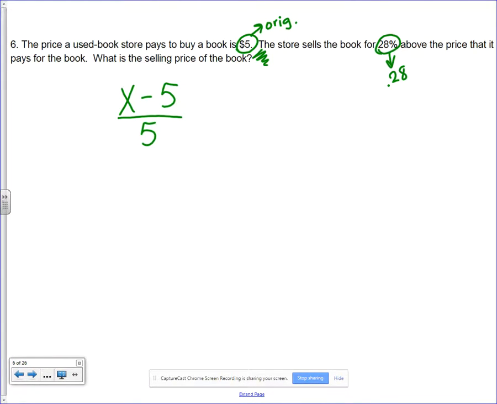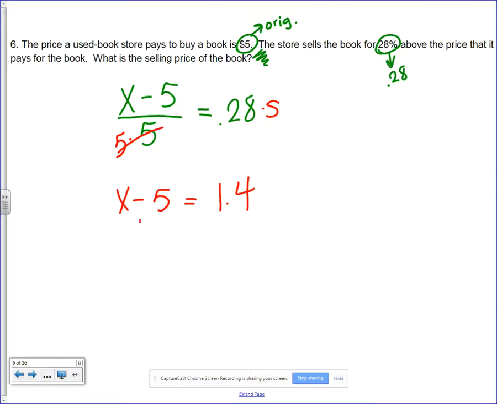Well, they gave us the percentage, so we can set it equal to that percent. And now we're going to use what you know about solving equations to find what x is. So first things first, I got to get rid of this 5 in the denominator, which gives me a new equation that looks like this.